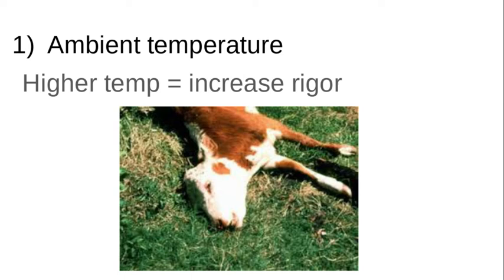But if the body's inside, there's still an ambient temperature, which would be the temperature of the room. Higher ambient temperature is going to increase rigor mortis. So it's a chemical reaction, and you know that heat increases the rate of chemical reactions. So the higher the temperature, the faster a body is going to move through those rigor mortis steps.